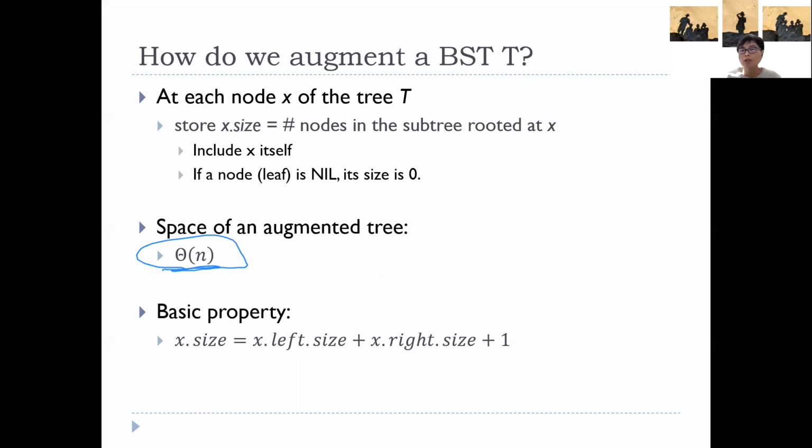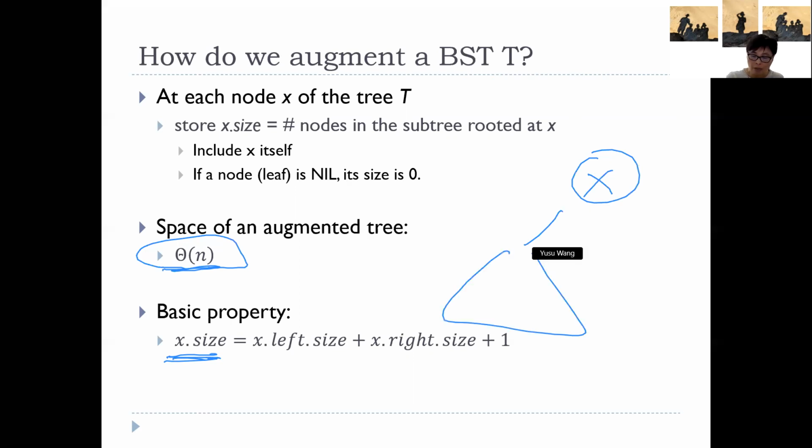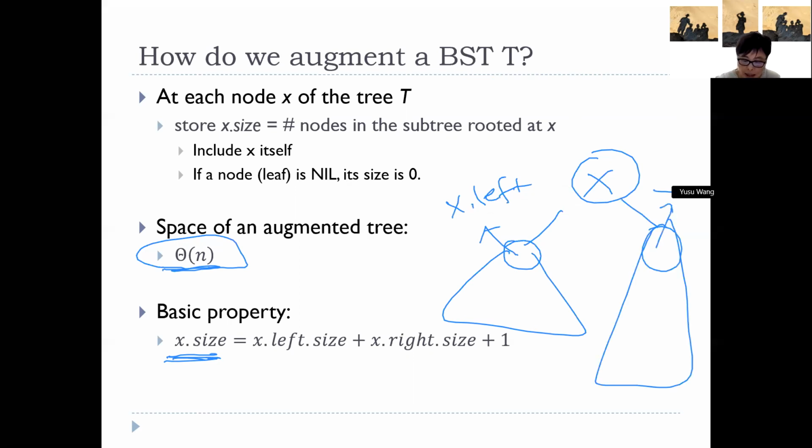To help us find a procedure to augment a binary search tree with the size information, here is one fundamental property of the size information that's useful. It's a very simple property. It says that if I have a node x, with x.left as the left child and x.right as the right child, then the size of x is equal to the size of its left subtree plus the size of the right subtree plus x itself, plus 1.